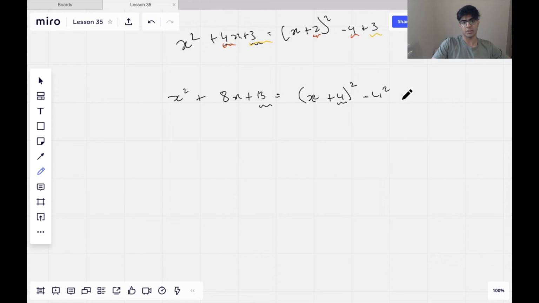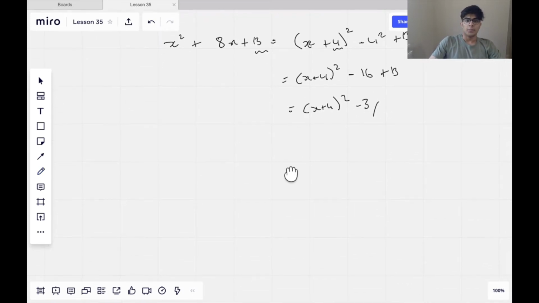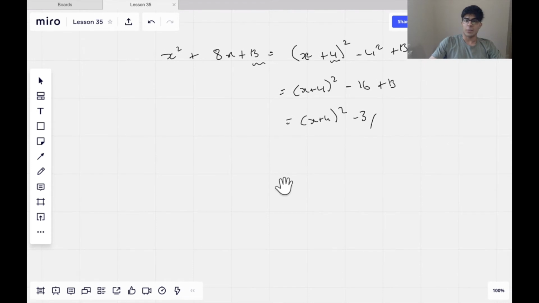And then we add this last term here, the constant term, which becomes 4 squared minus 16 plus 13, which is (x plus 4) squared minus 3. And there you go. So this is just a simple algorithm, I guess. You just need to practice this a few times to get in the habit of completing the square quite quickly.